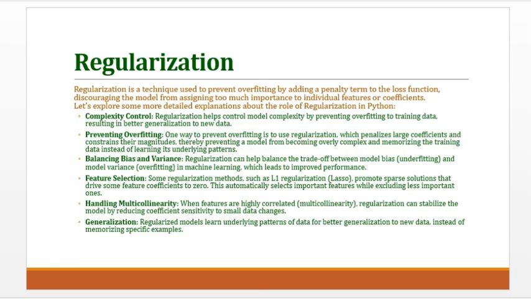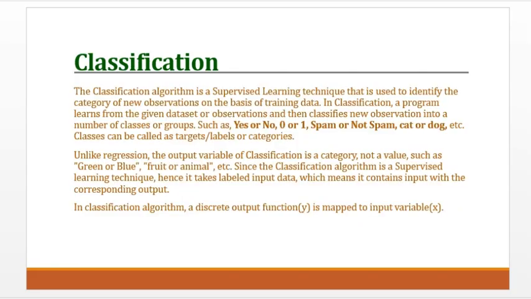Moving on to classification. Classification is a supervised learning technique that is used to identify the category of new observations based on training data. So, in classification, a program learns from the given data set and then observations are classified into a number of classes or groups.